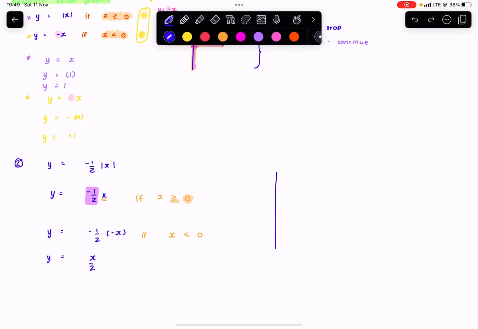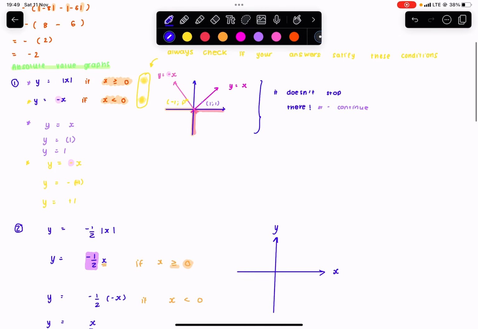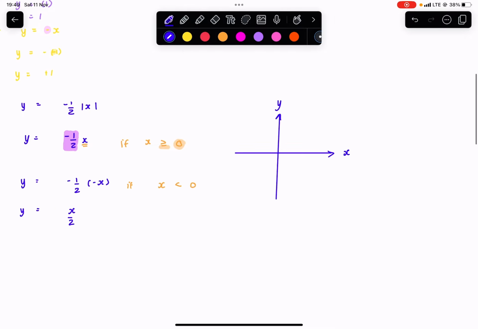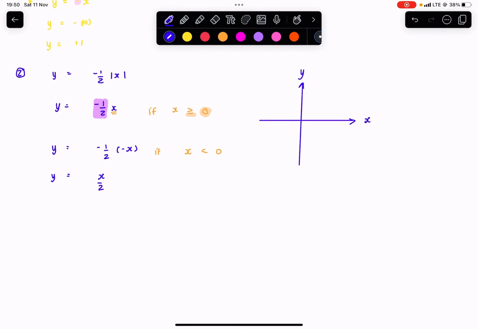So we're just going to do a simple graph. Make sure to always write your y's and x's, okay? Okay, now we're going to do this graph.